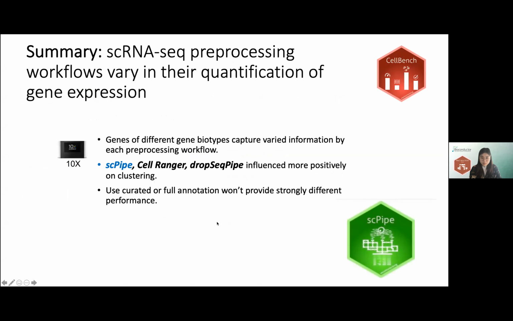So we might draw a conclusion that using a curated or the full annotation provides strongly different performance. And if you're trying to analyze the data and you are not that interested in pseudogenes, you could use a modified reference, and in this way it will be easier for you to annotate the cells.